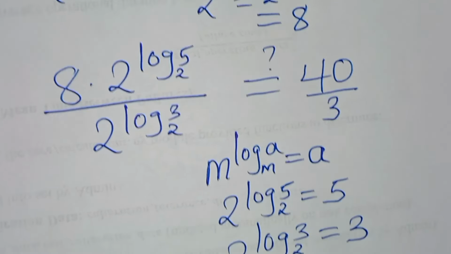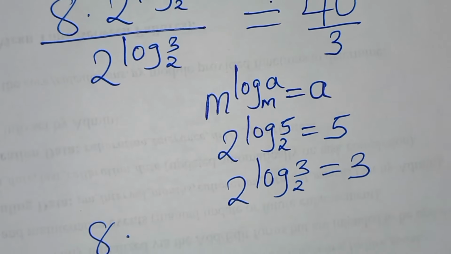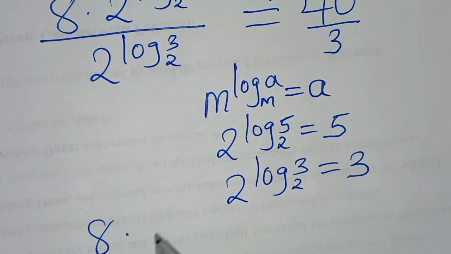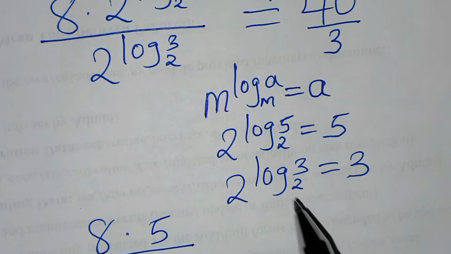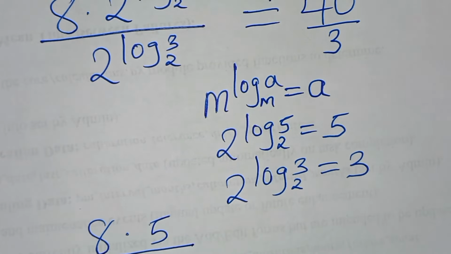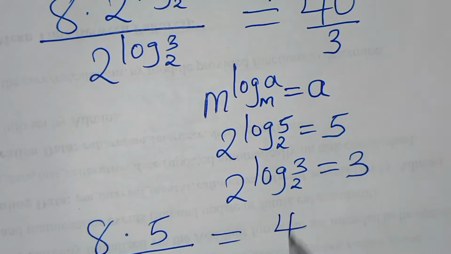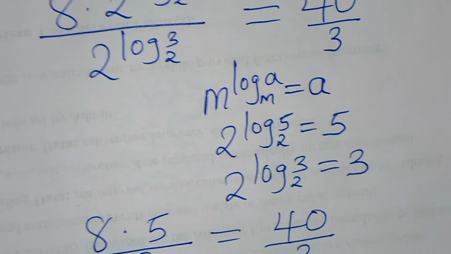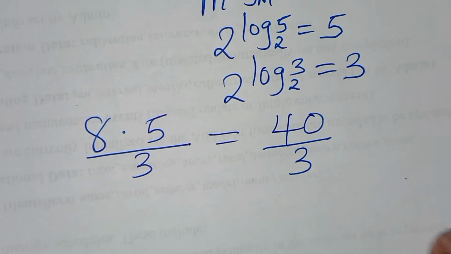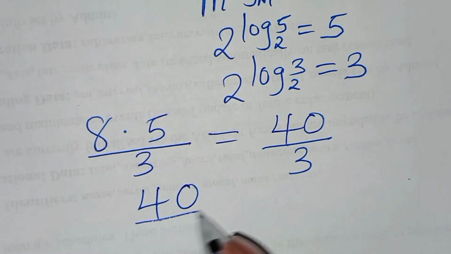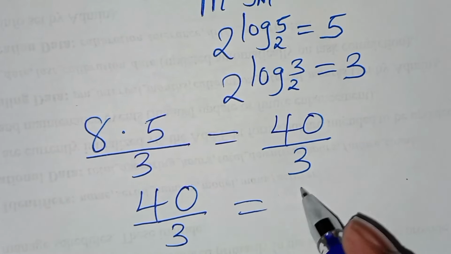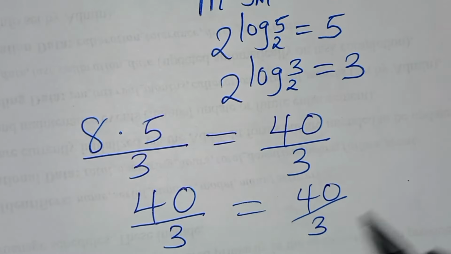So here we have 8 times 2 to power of log 5 to base 2, which is 5, divided by 2 to power of log 3 to base 2, which is 3. Now this is equal to 40 over 3. So you can see here 8 times 5 over 3 is 40 over 3, which is equal to 40 over 3.